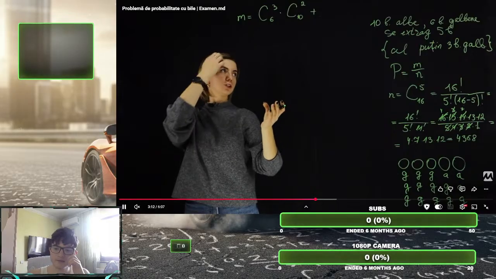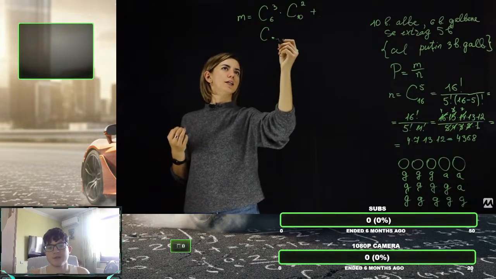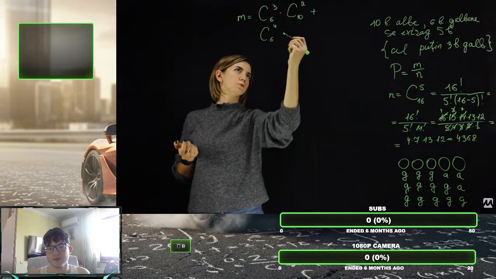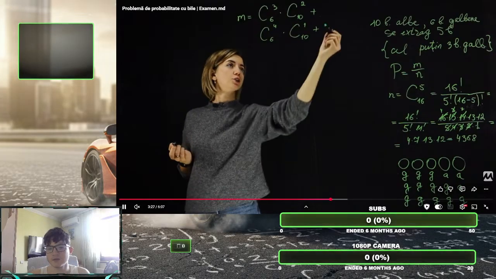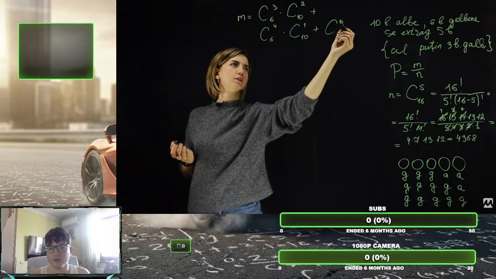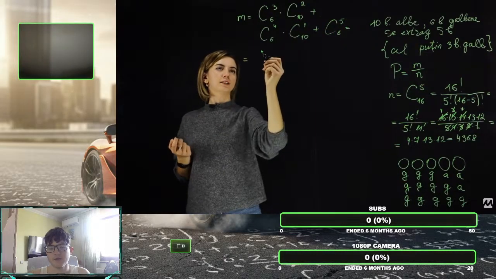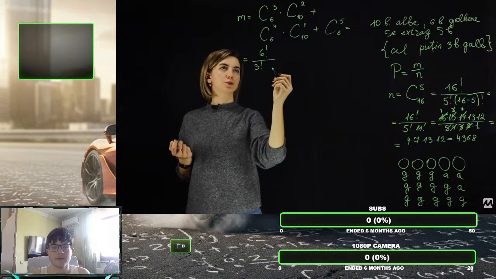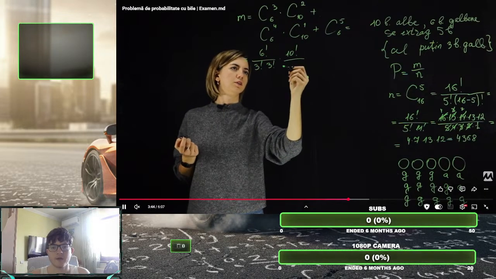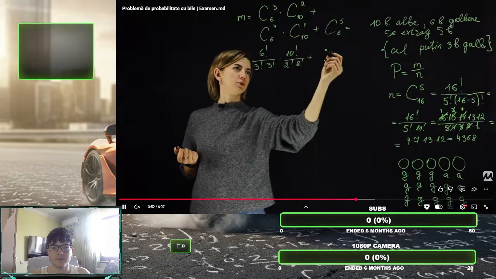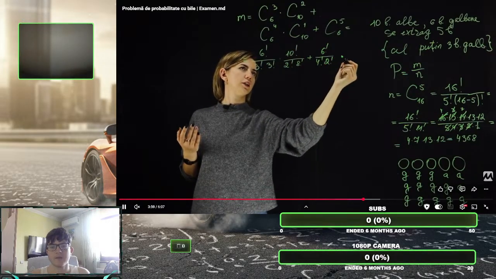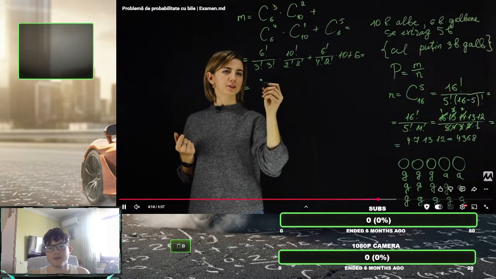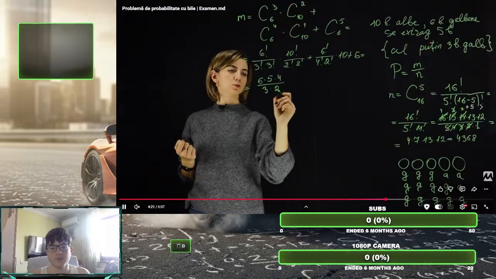Now plus C(6,4) times C(10,1), which is just 10, and then C(6,5), which is 6.